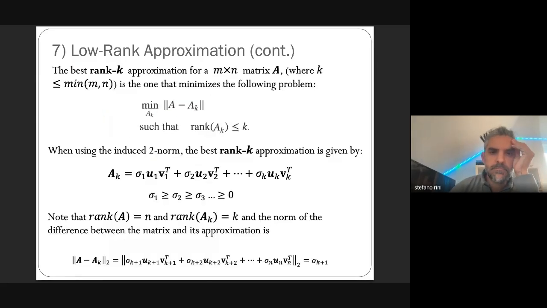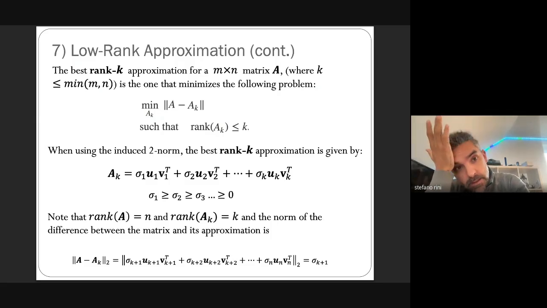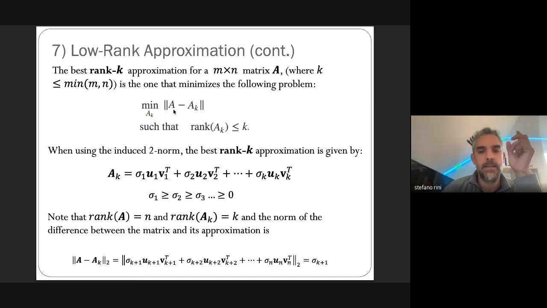As it turns out, this operation corresponds to the best rank K approximation of an M times N matrix. So if somebody tells you, "We want to approximate a matrix with a rank K, and we want the following to be minimized," which is the norm of the error, A minus A_K.